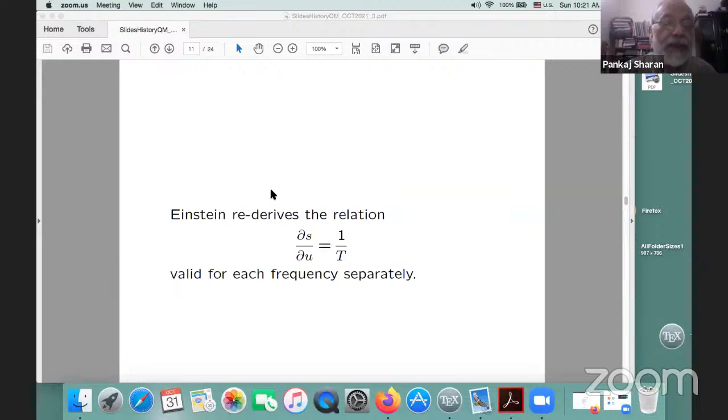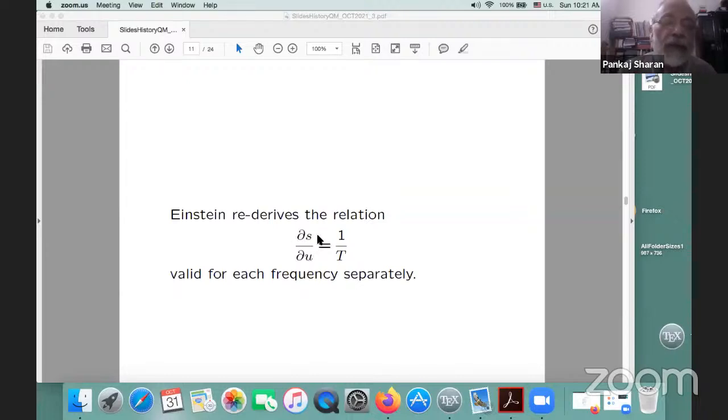Then in the next section, Einstein rederives the equation delta S by delta U is 1 upon T. This is not really necessary, because it is well known from thermodynamic relationships that 1 upon T is delta S by delta U.